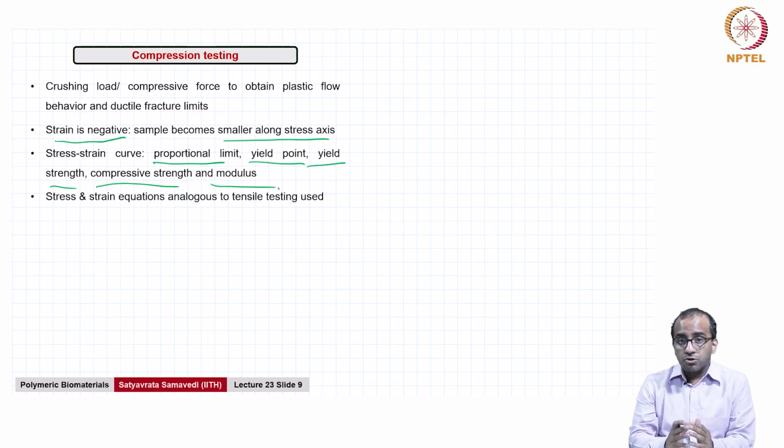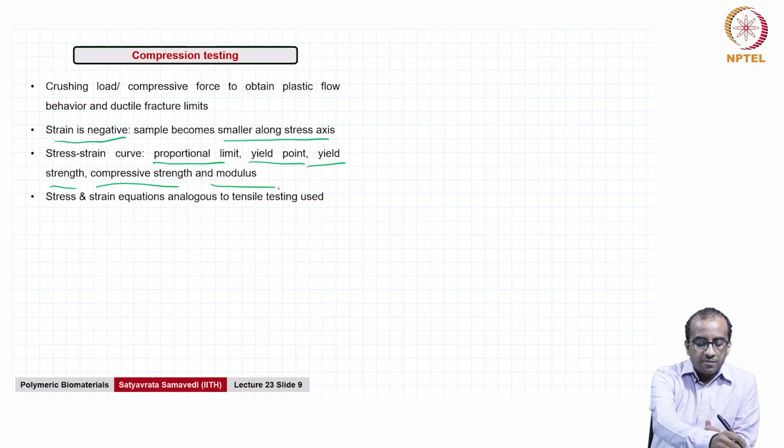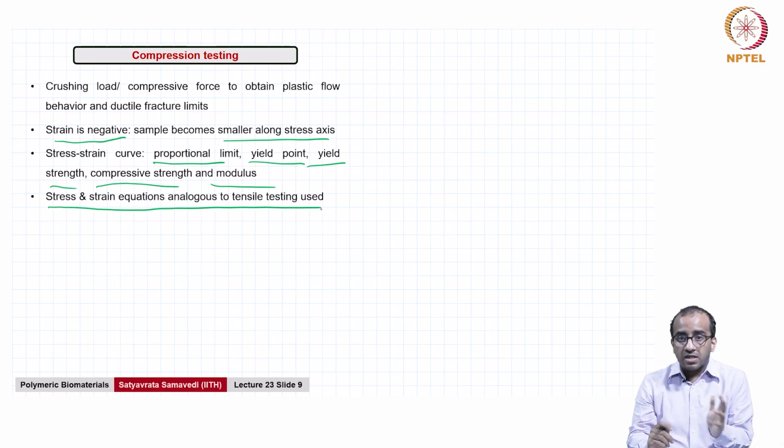And I would encourage you to look up some stress strain curves of compression testing of a polymeric biomaterial, for example a hydrogel, and see if you can identify some of these points based on your understanding of these concepts from tensile testing. And again, you can have stress and strain equations analogous to the tensile testing.